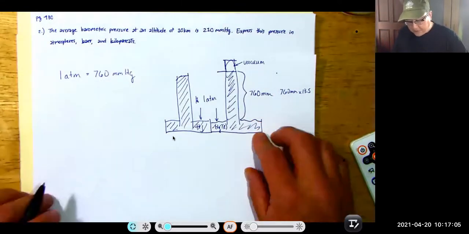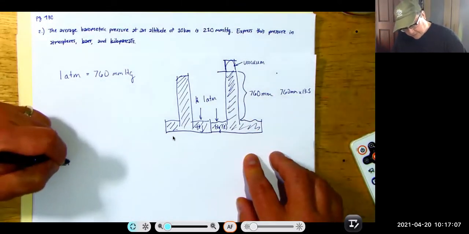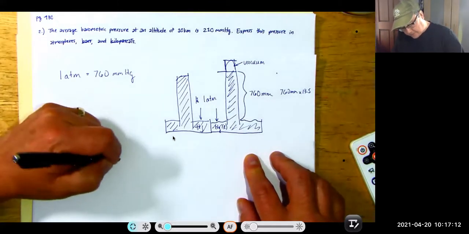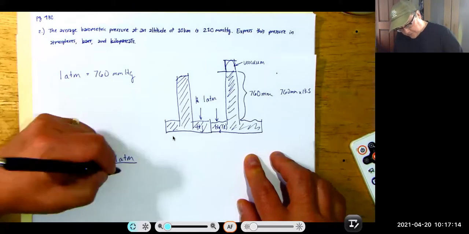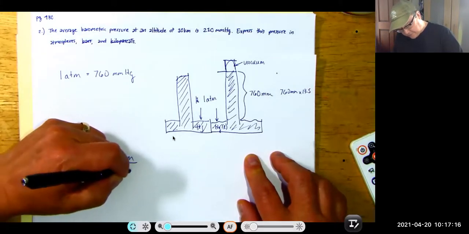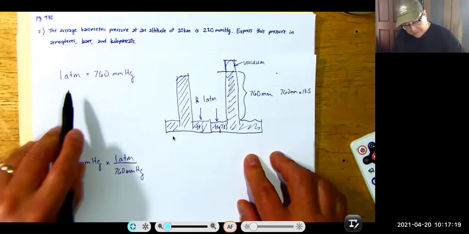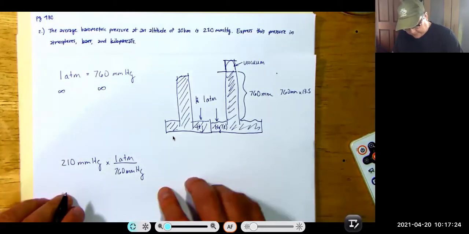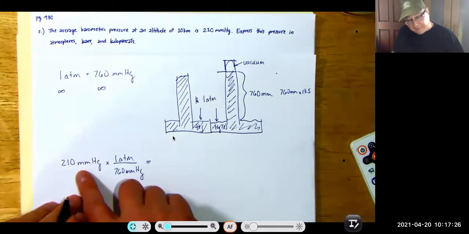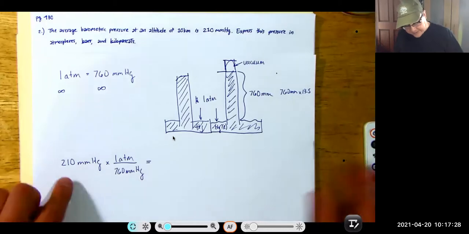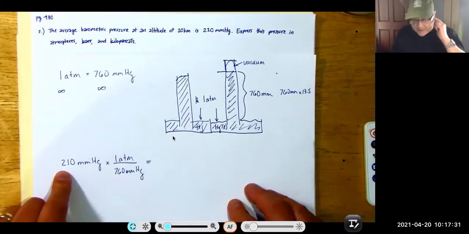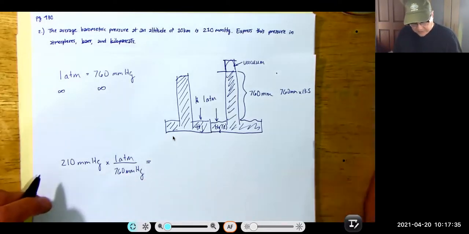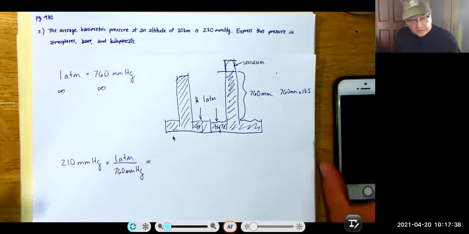All right, so we have 210 millimeters of mercury. We multiply by 1 atmosphere over 760 millimeters of mercury. Now this is defined, so we have infinite sig figs here and infinite sig figs here. And so we're going to end up with 2 sig figs, and it's clear to see that the answer is going to be less than 210 because we're dividing by 760. So that looks like about 1/4 or 1/3, right?